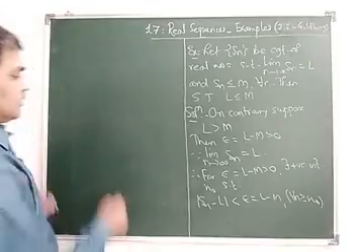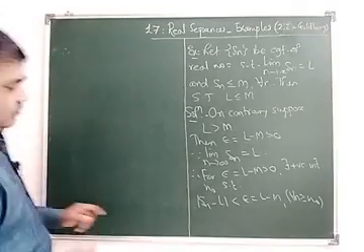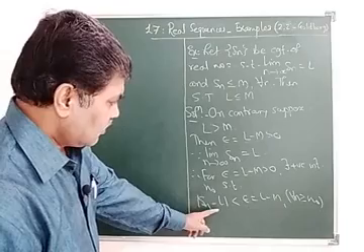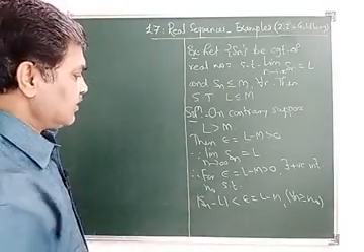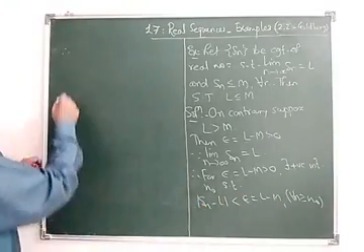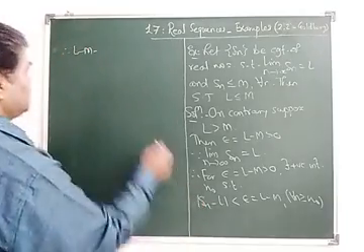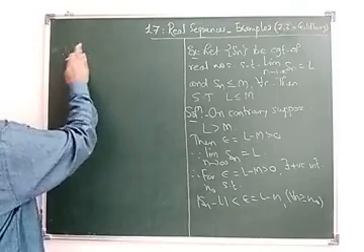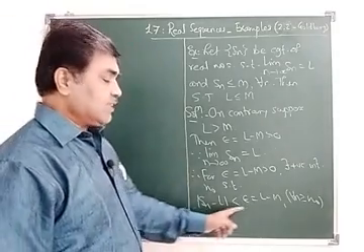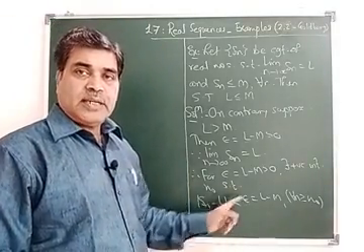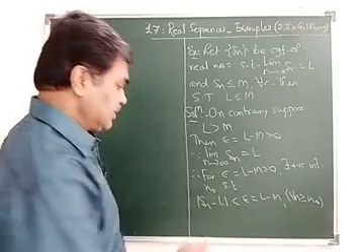What this implies is the mod of Sn minus L is less than L minus M. Mod x minus a less than delta implies a minus delta is less than x is less than a plus delta.